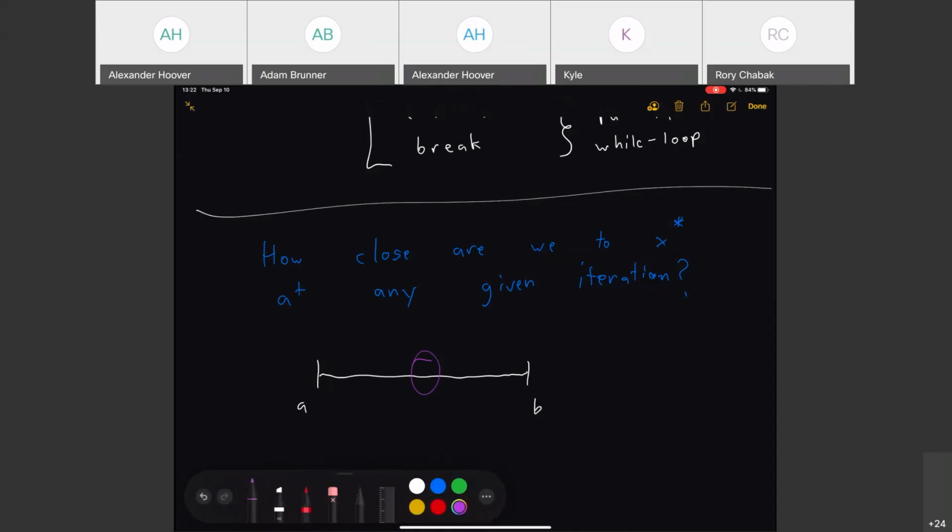So we could say that it's at most going to be (b minus a) over 2, right? It's at most going to be the halfway point, or at least that half length.